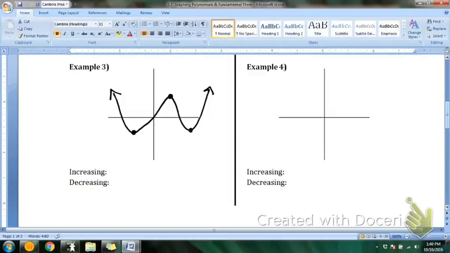At the peaks and valleys is where you make your points. We're going to call this one right here -3. Two and 5.